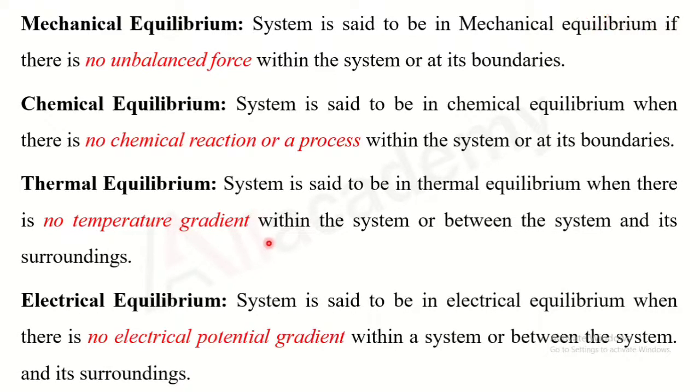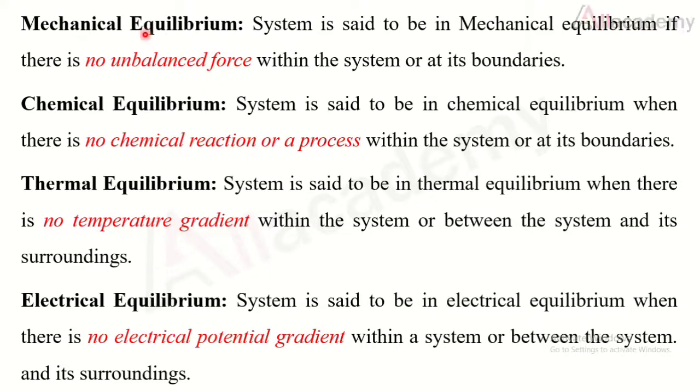A system is said to be in an electrical equilibrium when there is no electrical potential gradient within the system or between the system and its surrounding. Then I can say that the system is in an electrical equilibrium.